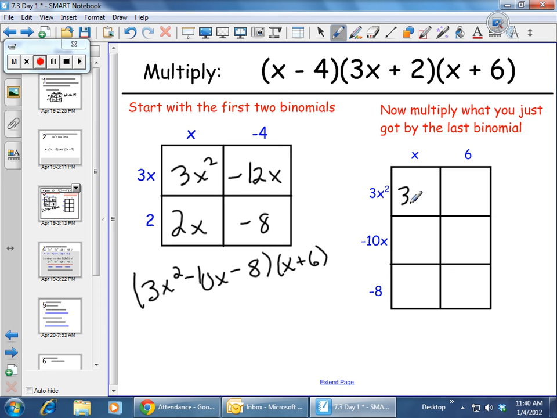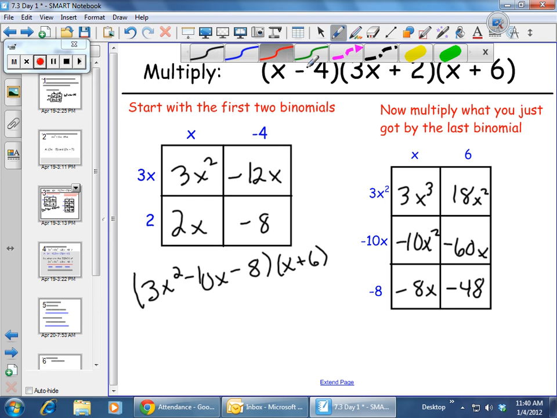So this would be 3x to the third. So it would be 18x squared. So it would be negative 10x squared. Negative 60x. Negative 8x. And negative 48. So the nice thing is the like terms are on the diagonal here.